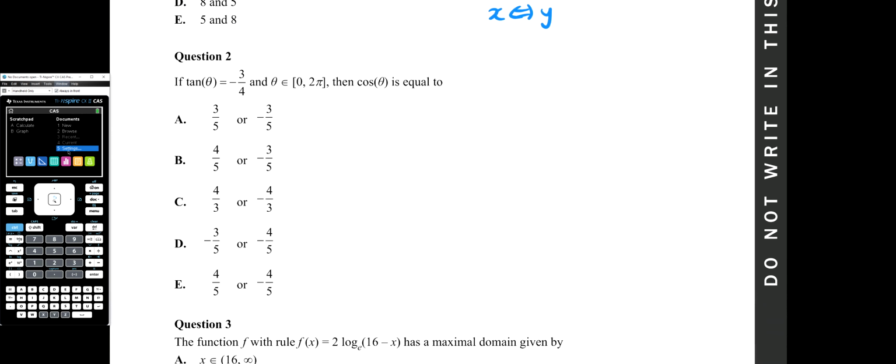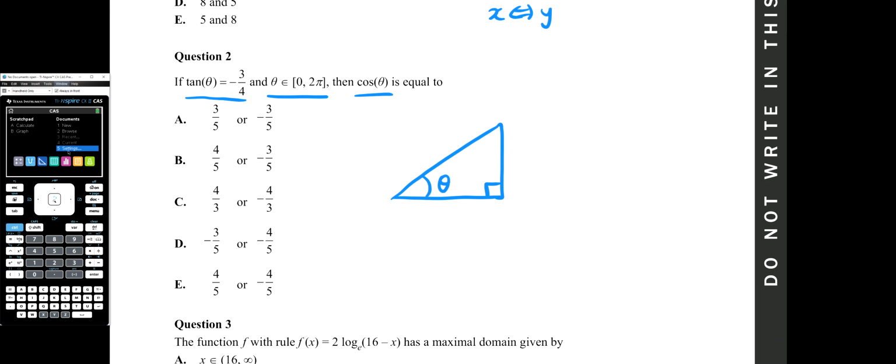Moving on to question 2, we are looking at tan theta equals negative 3/4, and theta is across one revolution of the unit circle. Our job is to find the value of cos theta. The best way to answer a question like this is to simply draw a right-angled triangle, and in one corner put theta.